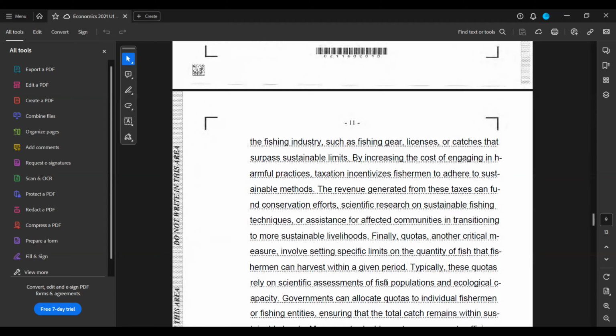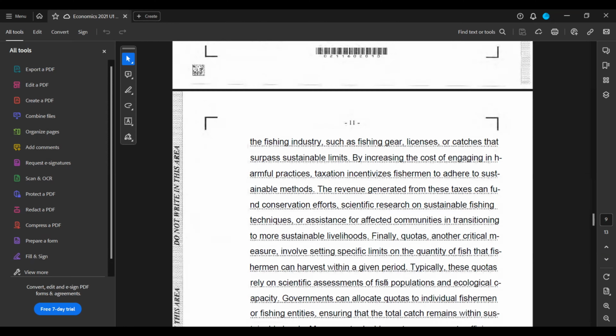By increasing the cost of engaging in harmful practices, taxation incentivizes fishermen to adhere to sustainable methods. The revenue generated from these taxes can fund conservation efforts, scientific research on sustainable fishing techniques, or assistance for affected communities in transitioning to more sustainable livelihoods.